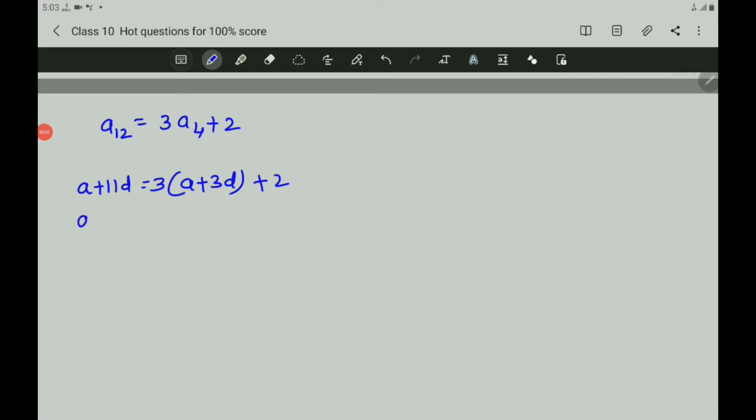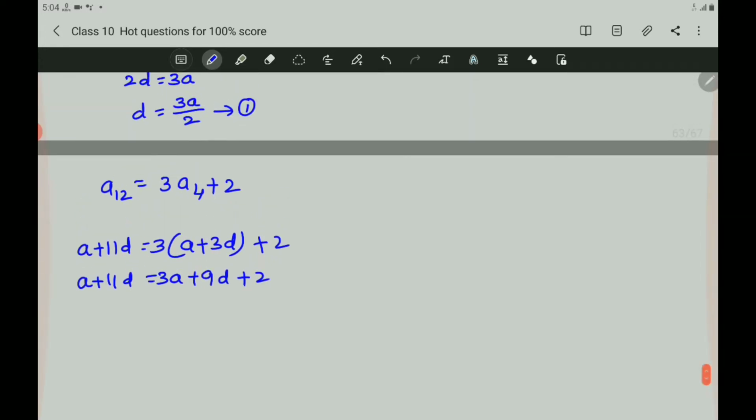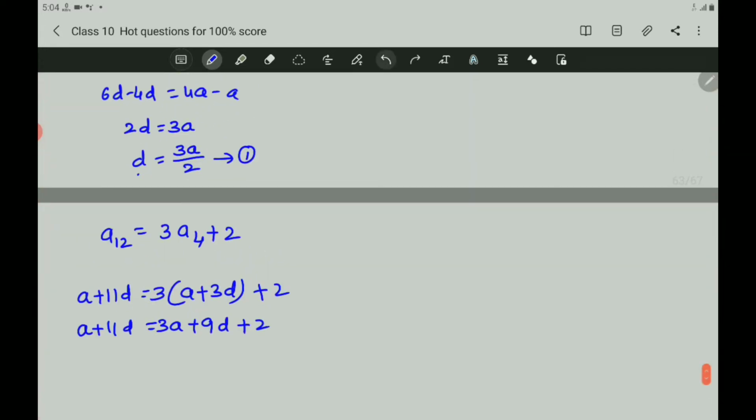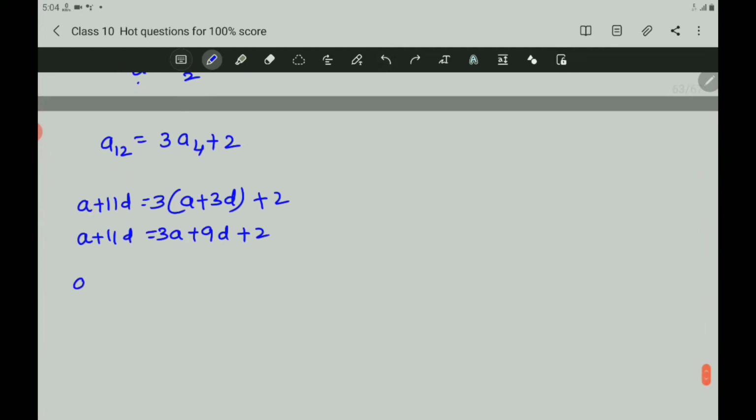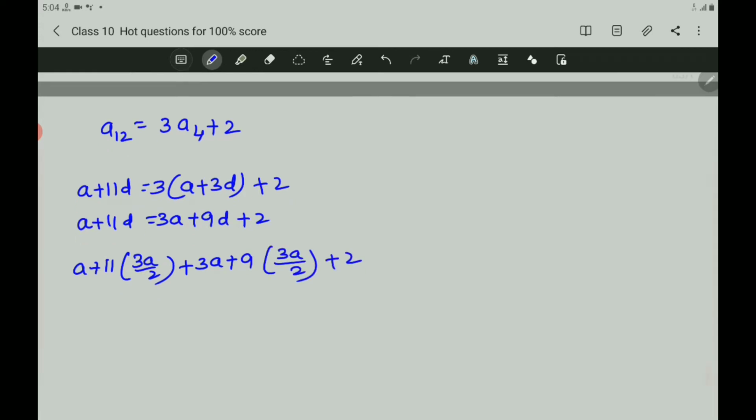Then write A plus 11D equals 3A plus 3 into 3D, that is 9D, plus 2. Then in place of D write 3A by 2. So you get A plus 11 into 3A by 2 equals 3A plus 9 into 3A by 2 plus 2.